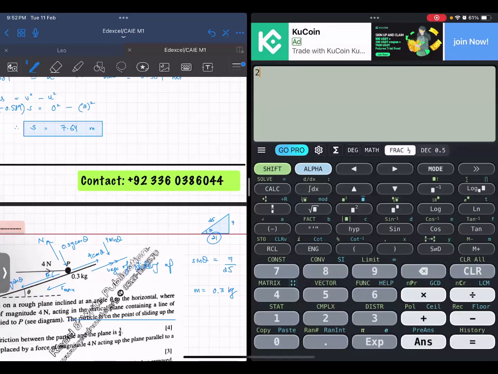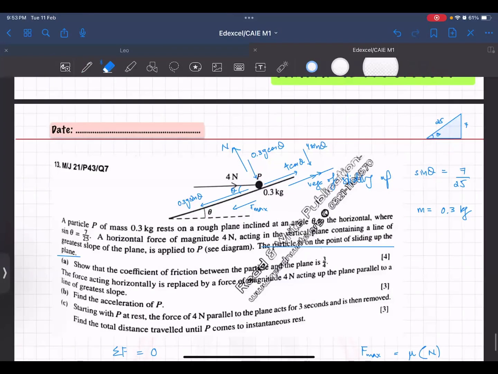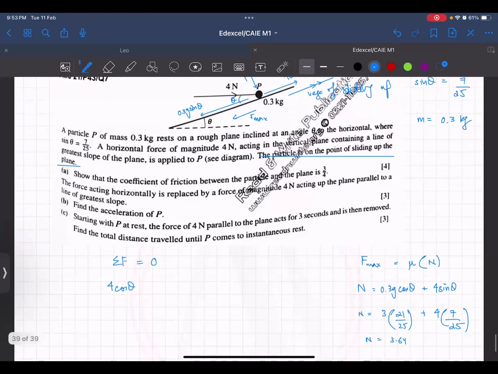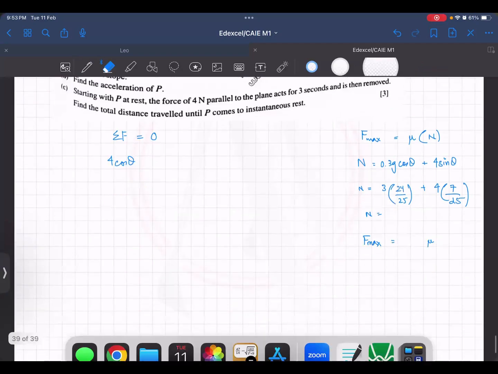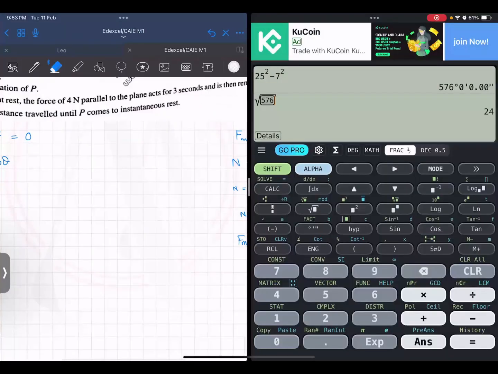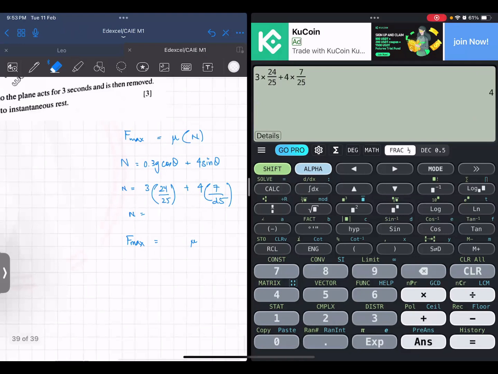Yes, 24, 25 squared minus 7 squared. Good, 24. Sorry, I thought I had it. So cos theta is 24/25. Three times 24/25 plus 4 times 7/25, so this is 4 mu.